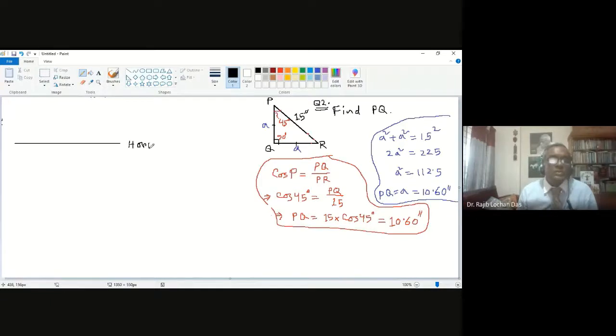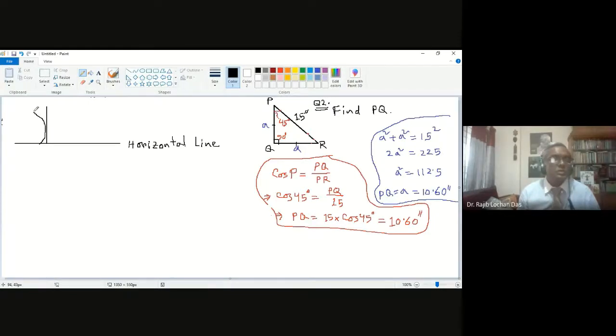In both cases, whether it is angle of elevation or angle of depression, the horizontal line will be used for the angle. I told you about a building; you can have a building here, or you can have a tree like that.